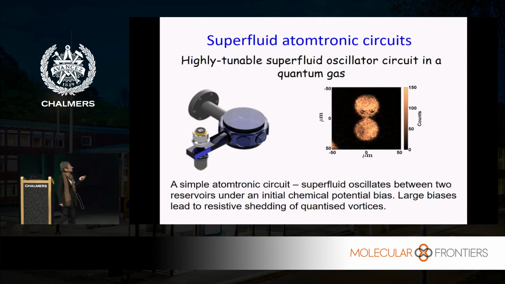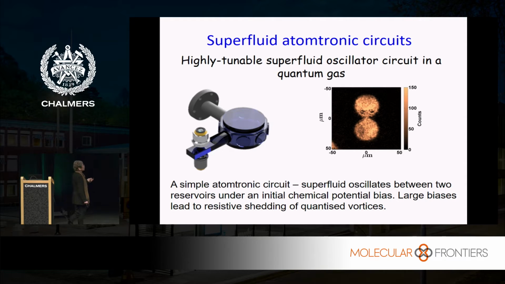So I want to have all the parts of electronic circuits, but done out of atoms. So the system that we are using, here is my Bose Einstein condensate, and the light was coming as one sheet of light this way and another one that way, and I formed this potential, which is looking like a dumbbell.